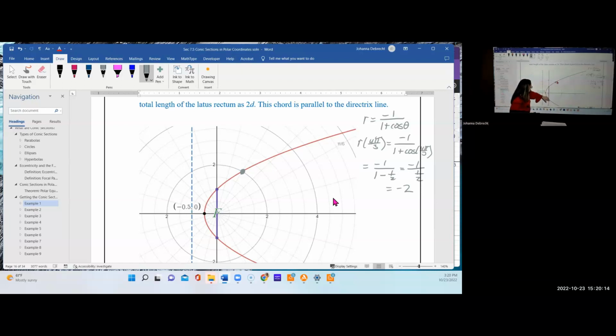So instead of using 5 pi over 3, I'm going to choose the one out here in quadrant 2, 2 pi over 3. So that would also be a cosine of -1/2. It's going to give me the same value, a -2. So it's actually going to plot in quadrant 4 along the 2 pi over 3, 5 pi over 3 line at a distance of 2. And that way I can get a better graph.